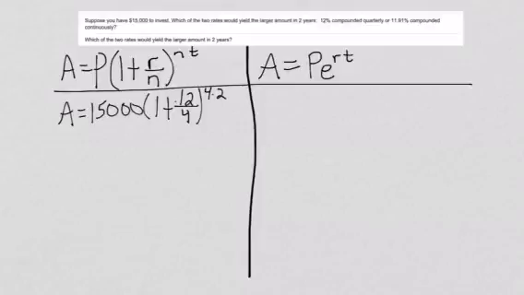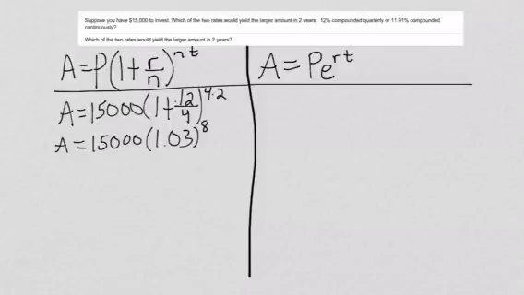Now we're just going to simplify this a little bit at a time. So we have A equals 15,000, and then here you have 0.12 divided by 4 is 0.03. Plus 1 gives me 1.03. And then 4 times 2 is 8.